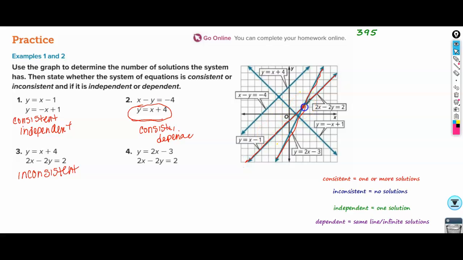They have one solution at their crossing point right here. So these two lines are consistent and independent. One solution. Okay. And that's how you do those.